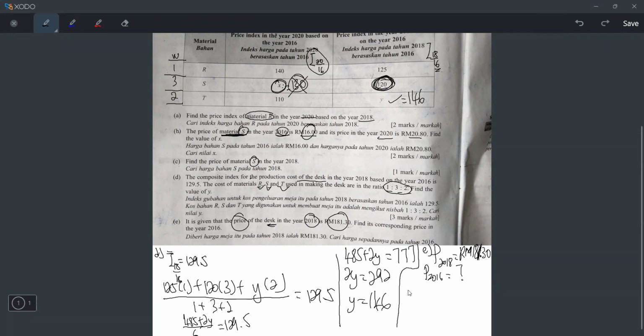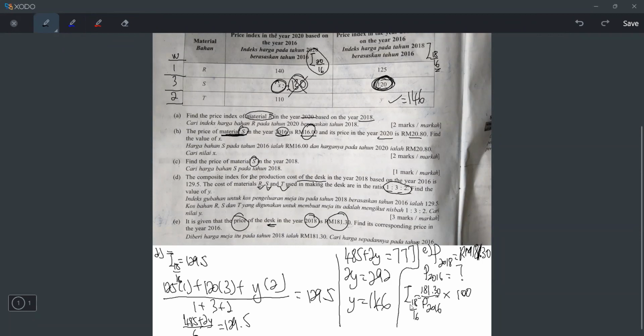So what formula will I use? I equals P1 over P0 times 100. The P1 I will substitute with 181.3, because that's the price of 2018, the newer year. For P0, I will substitute the price in 2016. And for I, I have to substitute the index for 18 over 16.